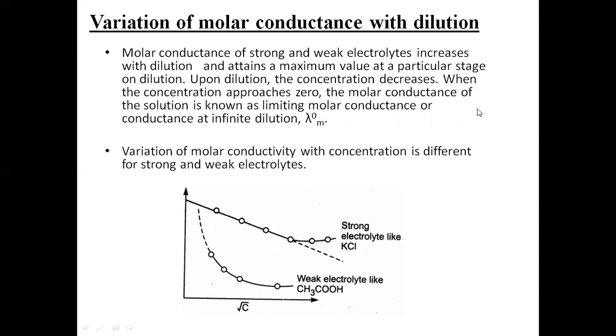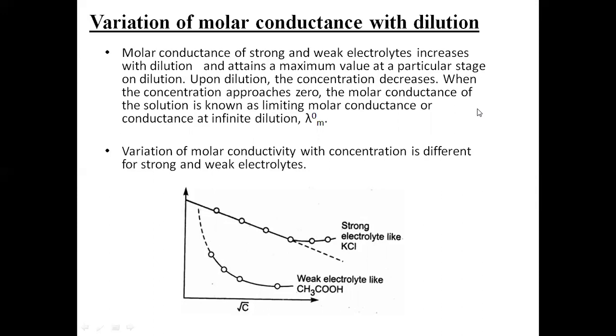What happens if we change the concentration? Then what happens to its molar conductance? The molar conductance of weak electrolytes and strong electrolytes increases with dilution and attains a maximum value at a particular stage of dilution.